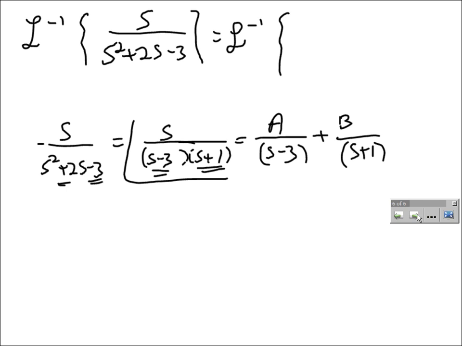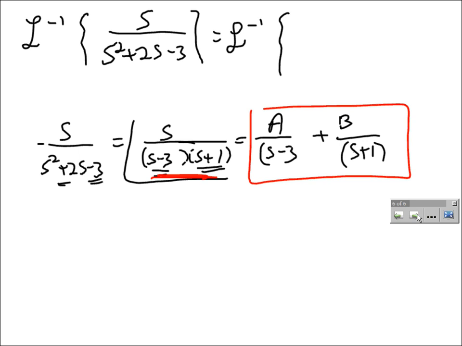And I want to rewrite those two fractions with this denominator. That is, I want to change the way they look. Well, for the s minus 3, I need to put an s plus 1. And for the s plus 1, I need to put an s minus 3. Now the denominators look the same. The only problem is that equal sign's not valid.